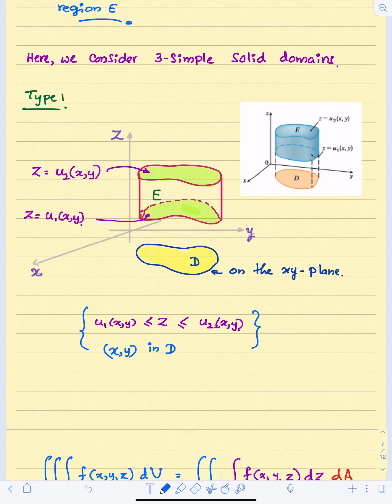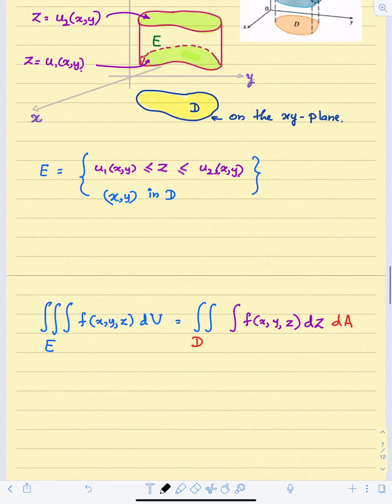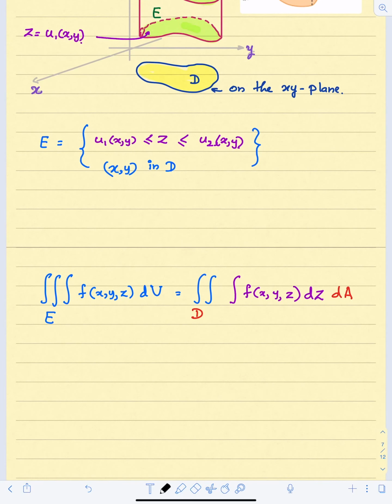So basically this is your solid E. Also, if you look from the top, you will see only the domain D. Now in this case, the triple integral of f over the solid E can be written in this way.